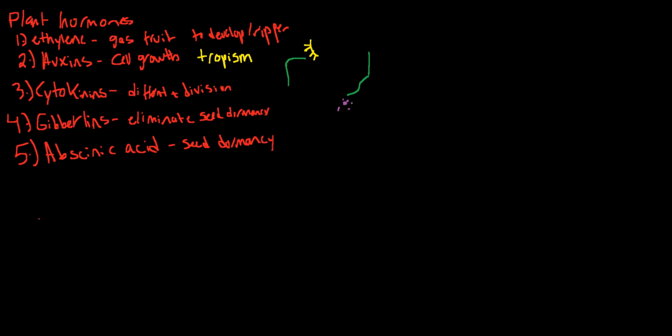And now that we've talked about the plant hormones, let's talk about some plant tissues and plant structure. Okay, so now we can talk about the different types of plant tissues. We're going to start off with the structural ones, the ones that give structure.